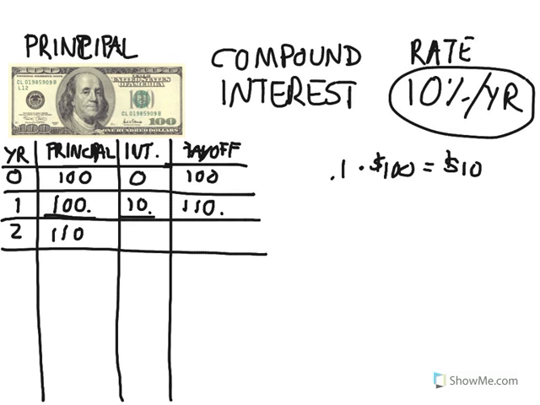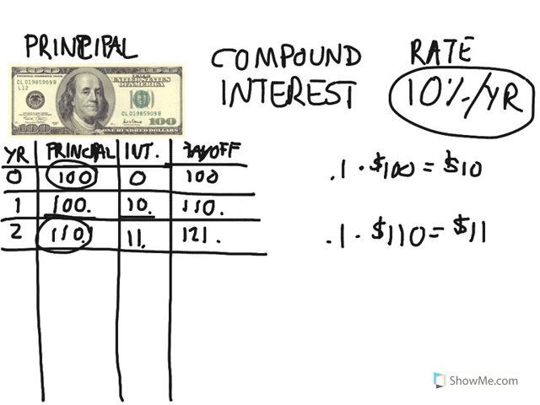Compound interest applies to this amount of principal, the new principal, not the original $100 principal. It's the new principal times 10%, so we can do that math again. That's $11 of interest accrued in the second year. The total payoff after 2 years, therefore, would be 110 plus 11 is 121.